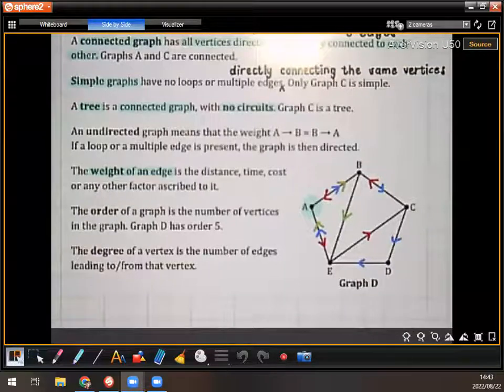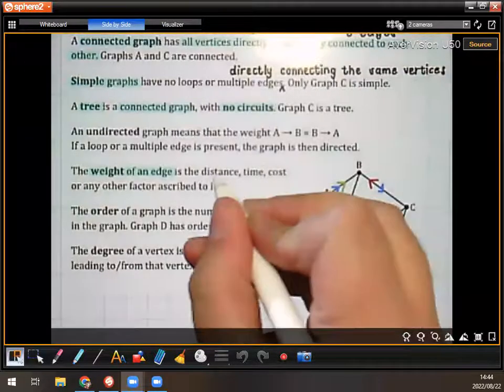So what would the shortest route be? Then you would actually look at the weights, the actual values that are on each edge, and you would find the shortest one. Okay, you're not going to sit there with a ruler and measure the actual distance of the line. It's almost like we're going to give you a map kind of situation, right? Does that make sense? You'll see when we get to it.